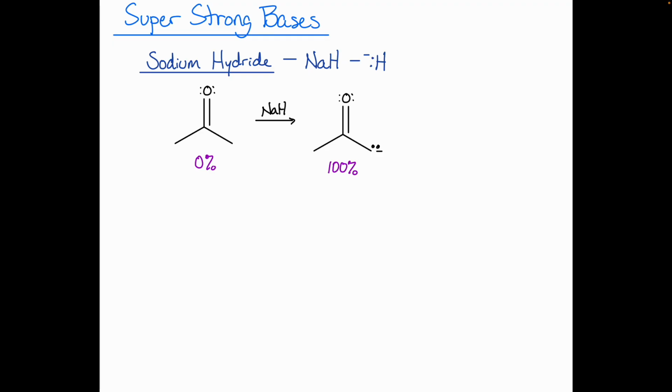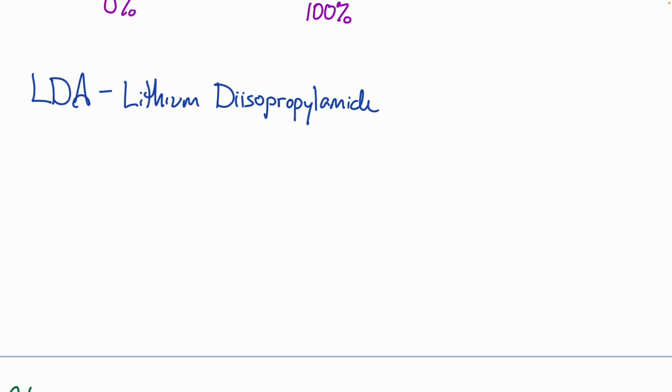All right, another base that we can use is what's called LDA, or lithium diisopropylamide. Again, the lithium's not doing much for you here. The key is this amide, this negatively charged nitrogen.